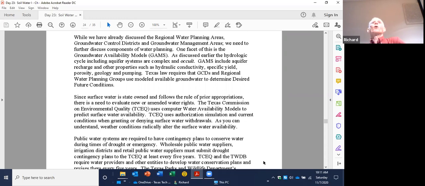Hey, I want to form a lake, or I want to use water for this particular reason. The Texas Commission on Environmental Quality uses water availability models to predict surface water availability and uses authorization, simulation, and current conditions when granting and denying surface water withdrawals. You can understand weather conditions radically alter the surface water availability.